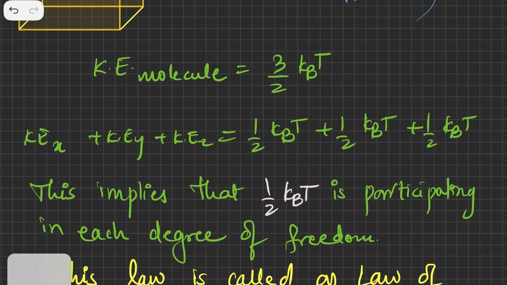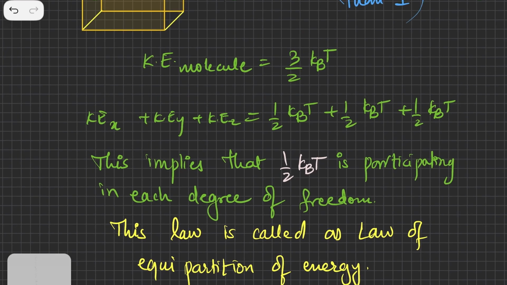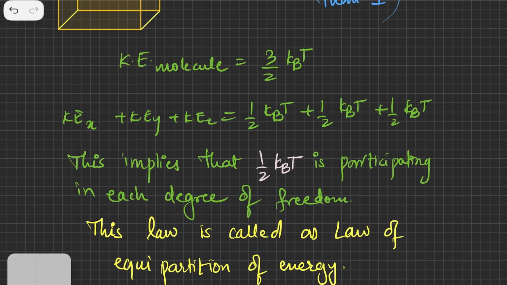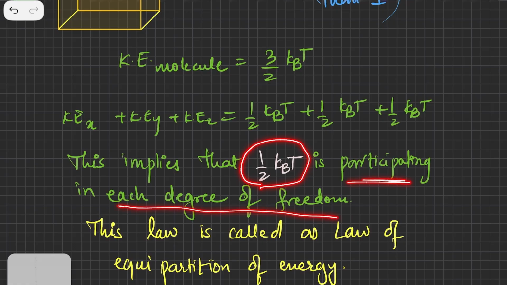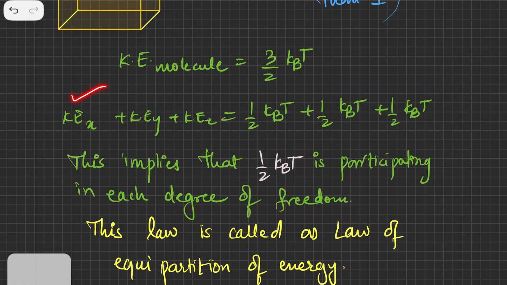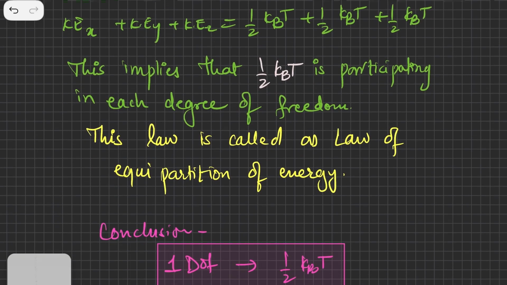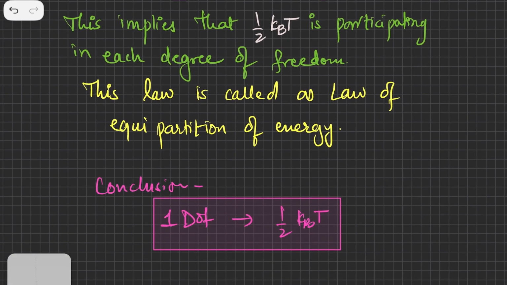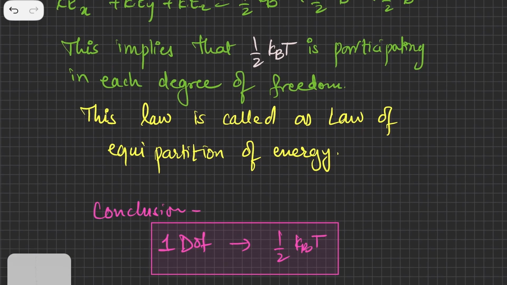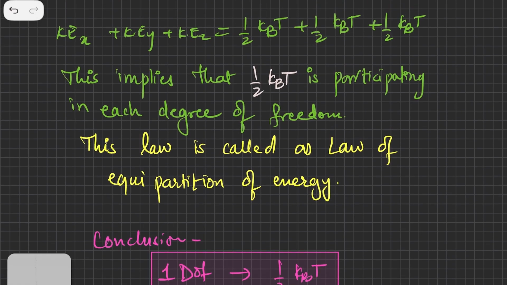This implies that half kBT is participating in each degree of freedom, because it had a degree of freedom in x, y, and z as well. So each degree of freedom is bringing half kBT amount of kinetic energy, and this law in physics is called the law of equipartition of energy, which means that every degree of freedom is bringing in half kBT amount of energy.